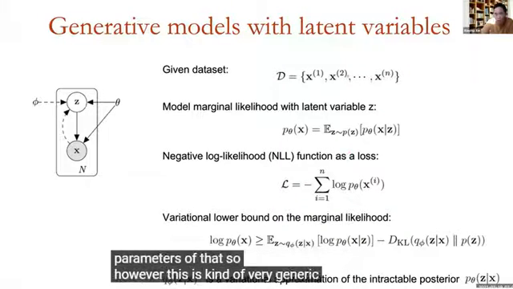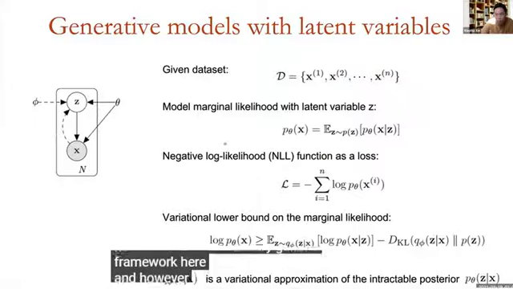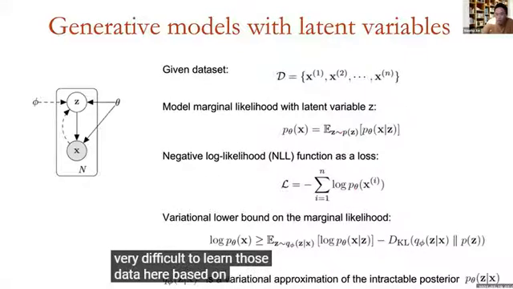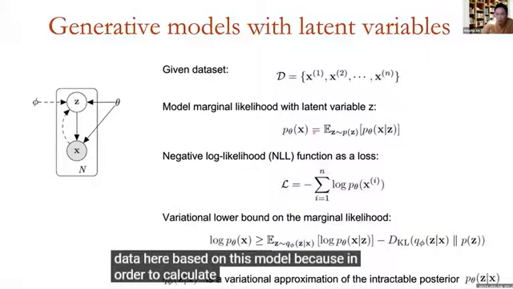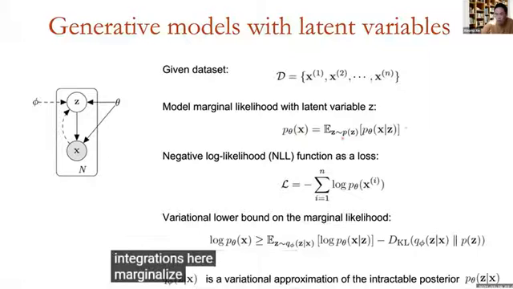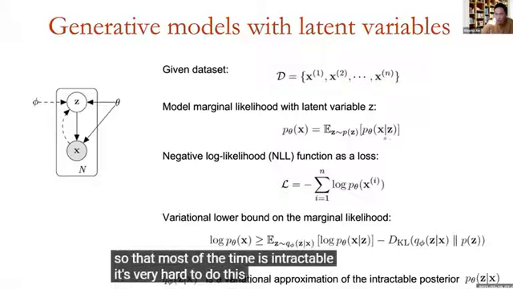However, this is a very generic framework, and people realized it's very difficult to learn theta based on this model, because in order to calculate the marginal distribution, you have to do this integration, marginalizing over the entire distribution of z. Most of the time that is intractable. It's very hard to do this part.